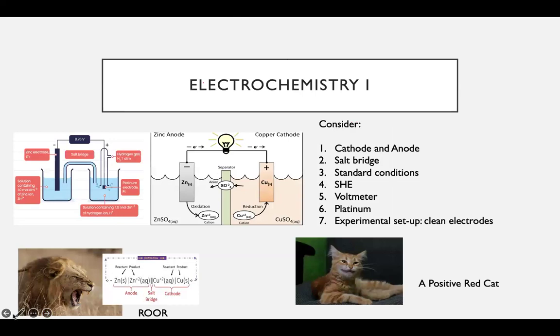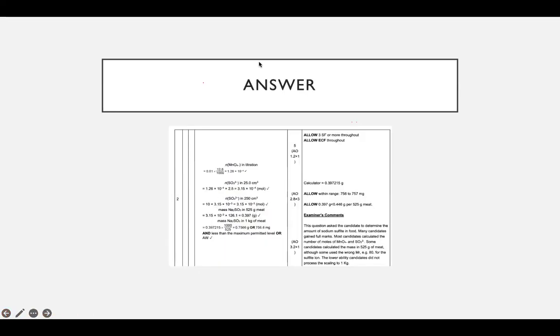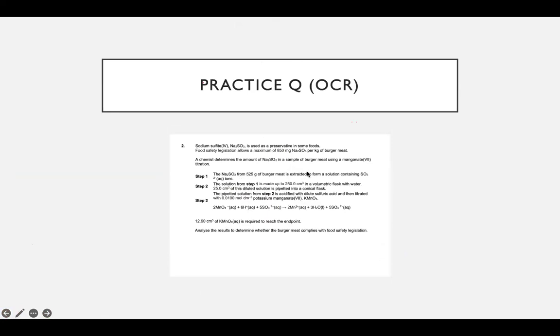Oh, before I do that, actually, someone just asked, where did 1,000 divided by 525 come from? The reason we do that step is because if you look at the question, this researcher is using 525 grams of burger meat. So all of the SO3 2- comes from this 525 grams of burger meat.